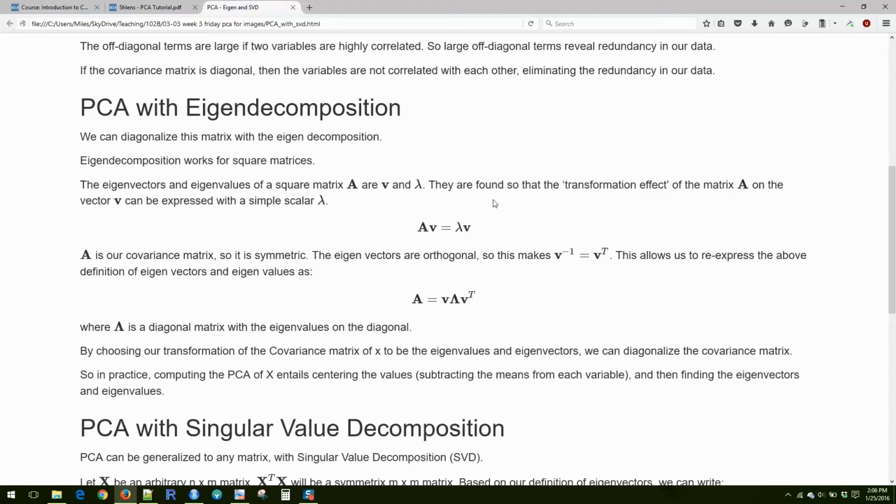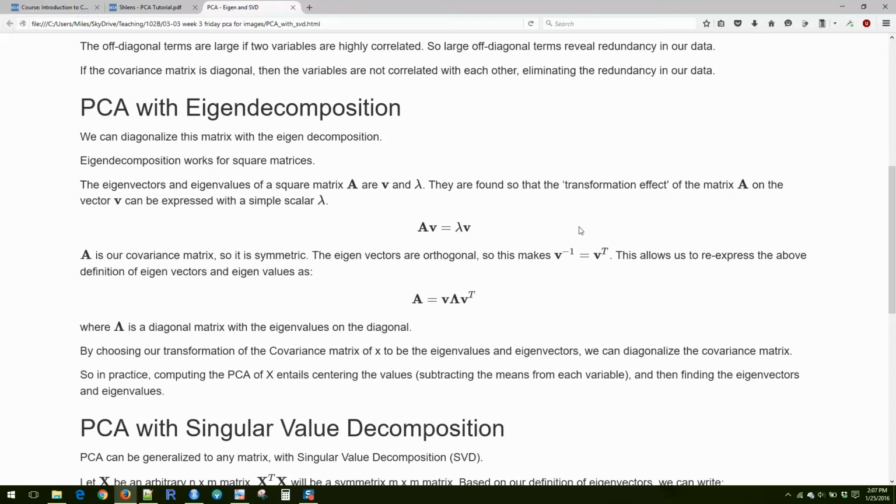Okay, and so V is our eigenvectors, and our eigenvectors are orthogonal to each other, meaning there's no linear dependence between them, and so that makes the inverse matrix of V just equal to its transpose.